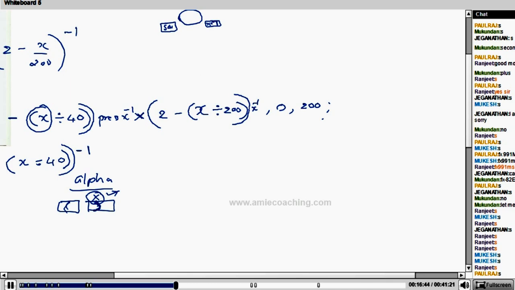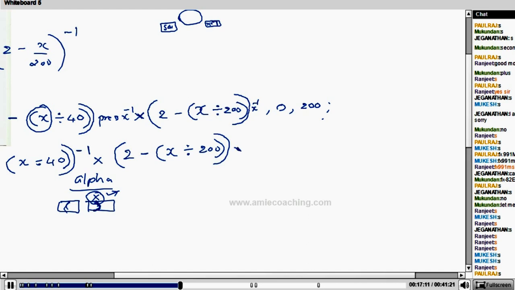After that, you have to put the multiplication symbol. Then again open the bracket, then type 2 minus, open the bracket, x divided by 200. Bracket closed, main bracket closed. Into, sorry, x raised to minus 1 you have to type.